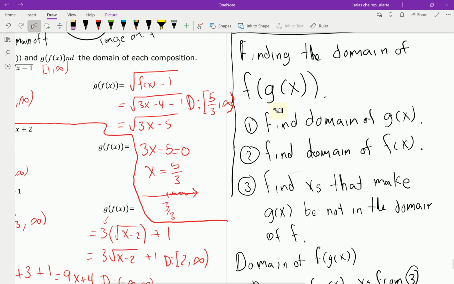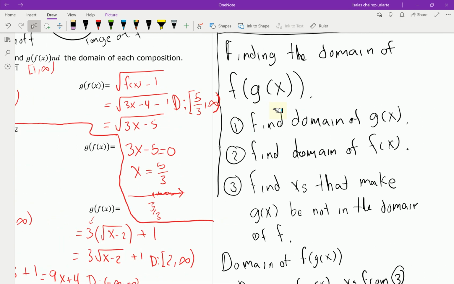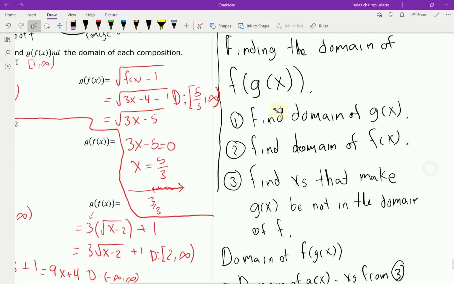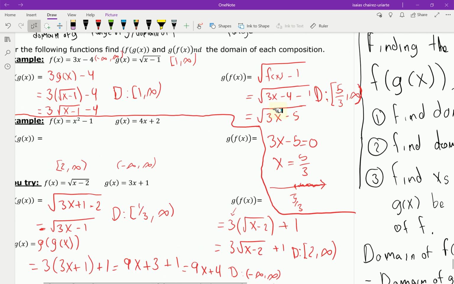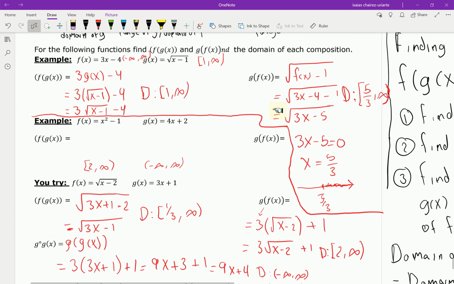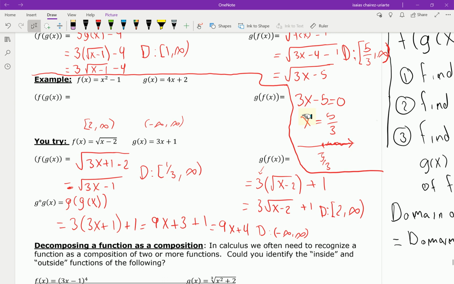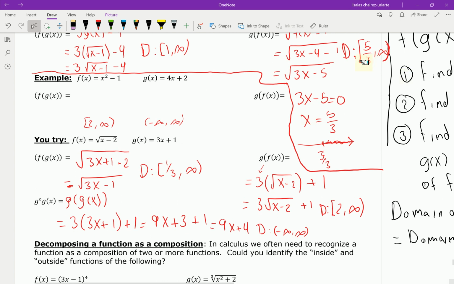These rules for finding the domain of a composition still apply. It's just that these particular functions do not lend themselves nicely to using these rules. But in this particular case, we were able to just look at the resulting function and think, what would be the domain of that? We don't want negatives inside the radical, so figure out what makes the inside of the radical negative. So my domain is from 5/3 to positive infinity.